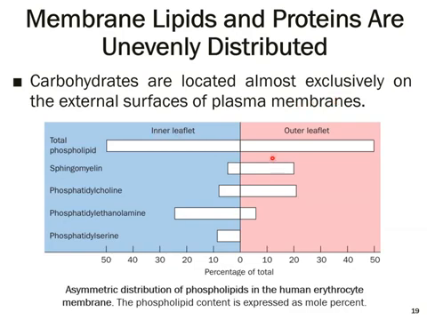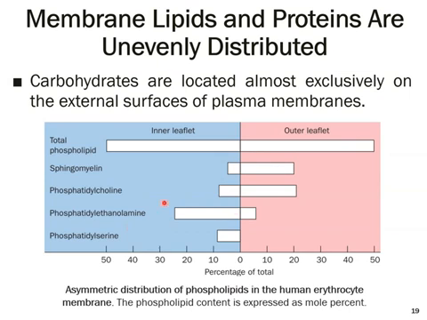So let's have a look. This is the inner leaflet of the plasma membrane and this is the outer leaflet. The phospholipid is definitely present on both sides, and sphingomyelin is present more on the outer leaflet than in the inner leaflet. Then phosphatidylcholine is also present more on the outer side.